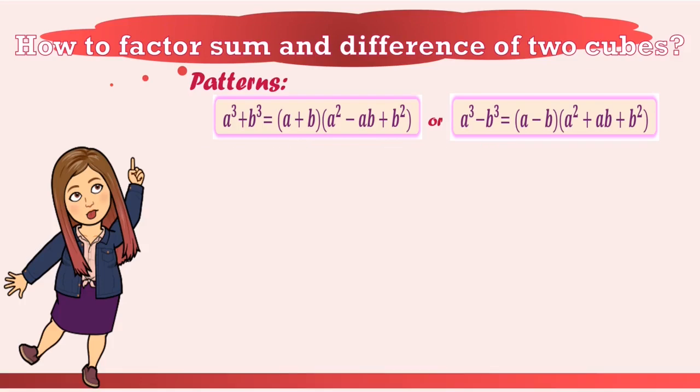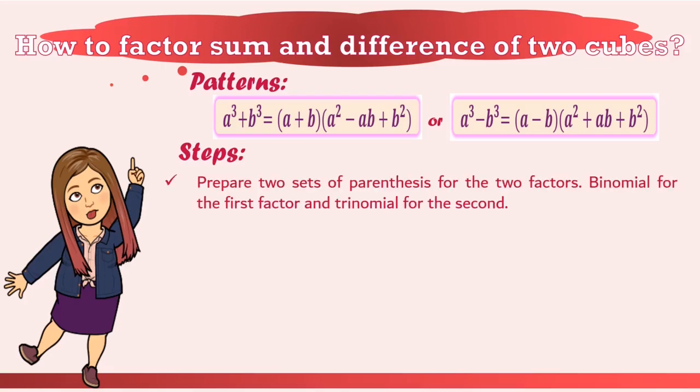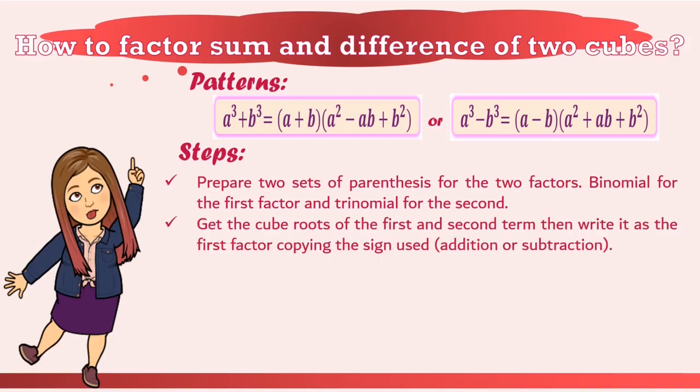With this pattern, we are able to get the following steps. First, prepare two sets of parentheses for the two factors, binomial for the first factor and trinomial for the second. Second, get the cube roots of the first and the second term. Then write them as the first factor. Copy the sign, addition or subtraction, according to what is given.